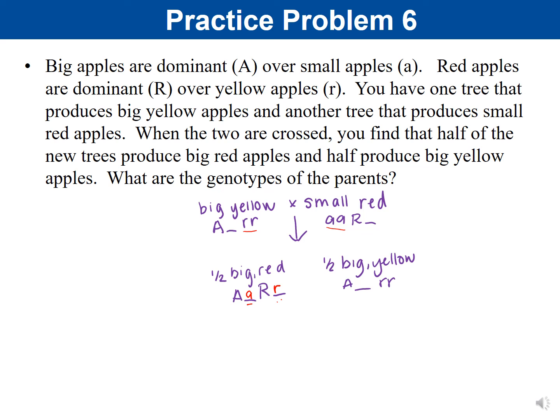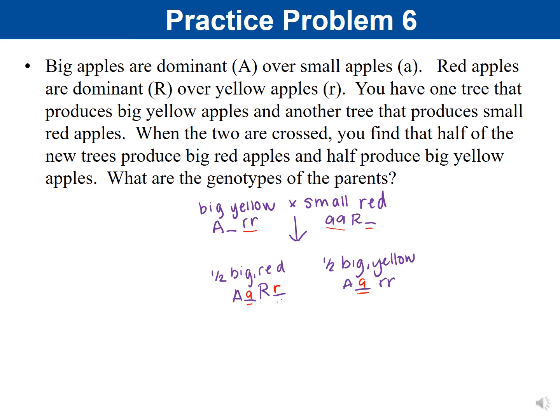Big and yellow, do we know what this allele is? Yes, has to be little a, because that plant is small. Now, we need to figure out the 2 missing genotypes for the parents. So we'll start with this one. So if you look at the offspring, you have one offspring that's big R, little r.